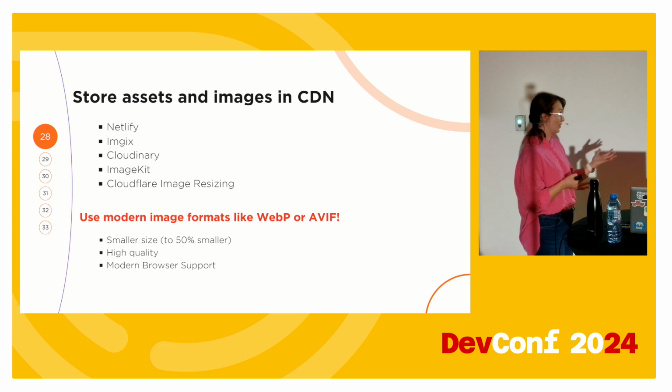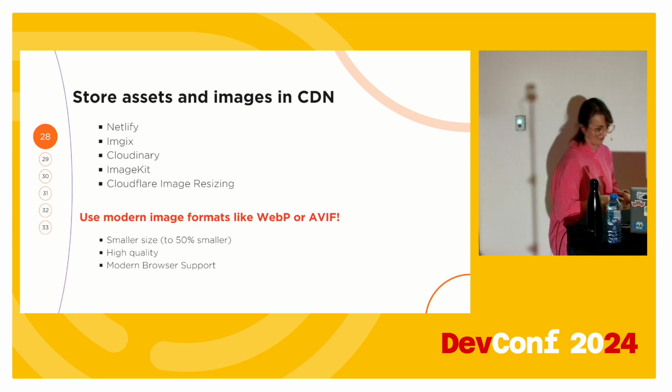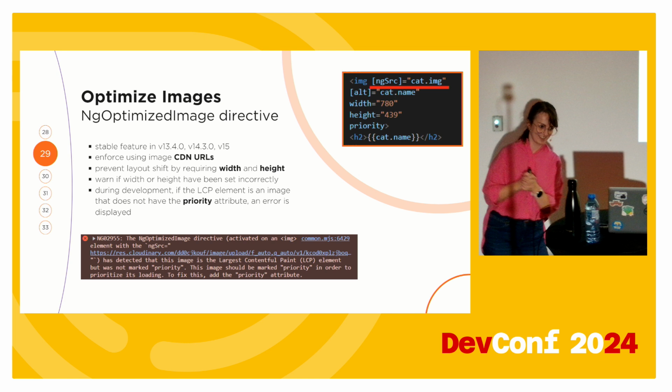So please do some tests at home: take one of the pictures and convert it to AVIF, for example. You can see that the size of this image could be 50% smaller. Not always, but it could be. And the quality is pretty much the same. So check it, really.